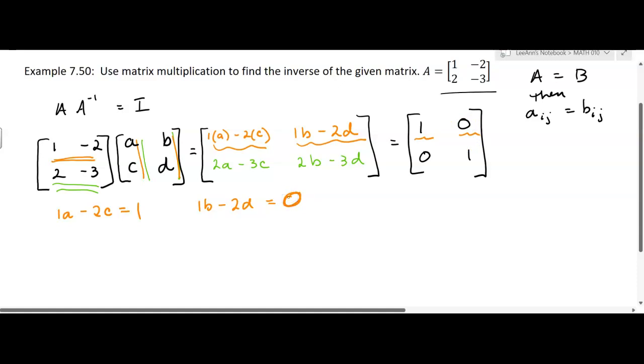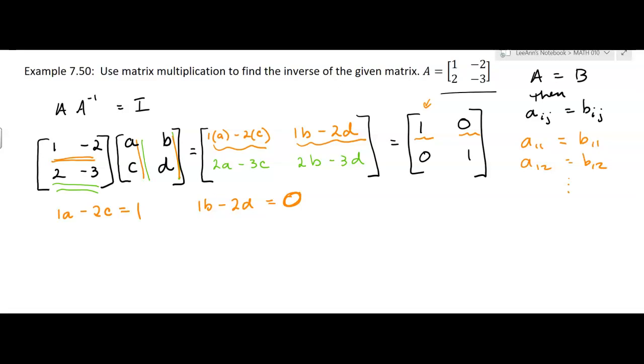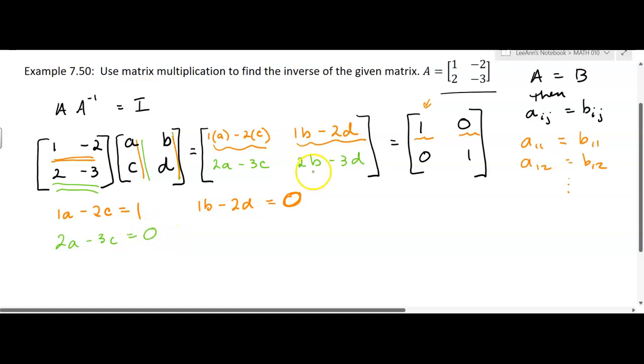So A11 has to equal B11, and A12 has to equal B12, and so on for each element. So there are 2 equations. Now let's go to the green ones. 2A minus 3C has to equal 0, and 2B minus 3D has to equal 1.